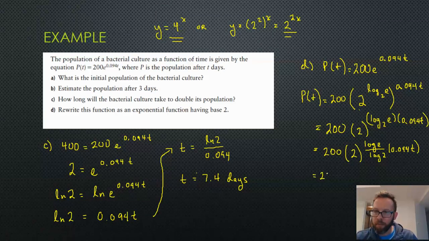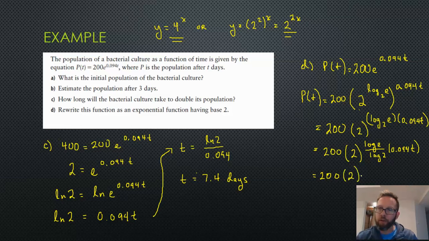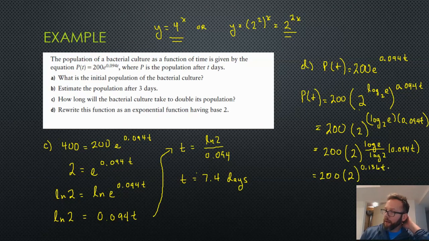So we have 200 times 2 to the power of, ln e, and when you're using that, you can just do e to the power of 1, that gives you e back, divided by log 2 times 0.094. So in the exponent, we get, I'm just going to keep a lot of accuracy here, 0.136t. So we've rewritten that exponential function from a base of e to a base of 2.